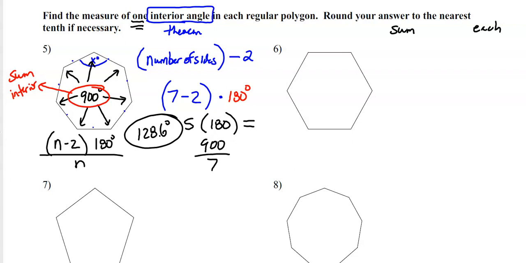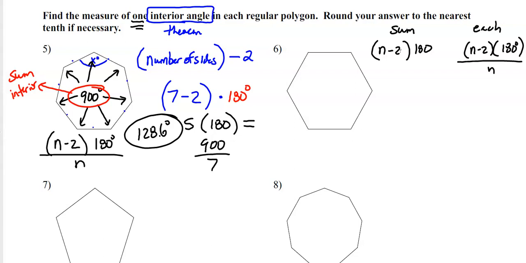So the formulas are the number of sides minus 2 times 180. That's the total. And then if you want to do each side individually, you do the number of sides minus 2 times 180, and then you divide it by how many sides there are. So if you're a formula lover, this is the route you would go.